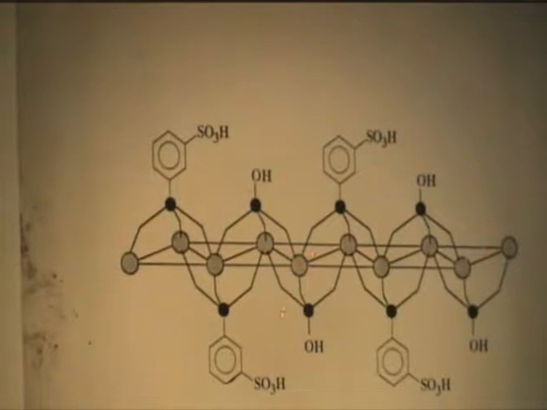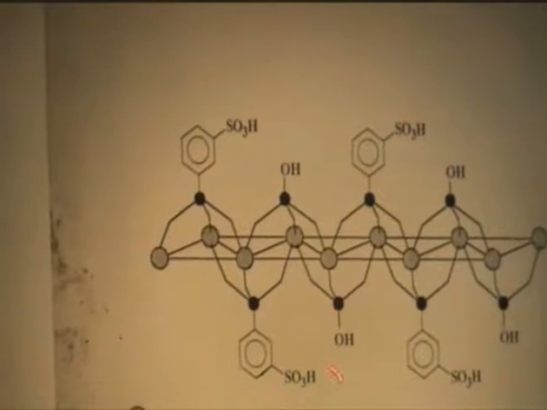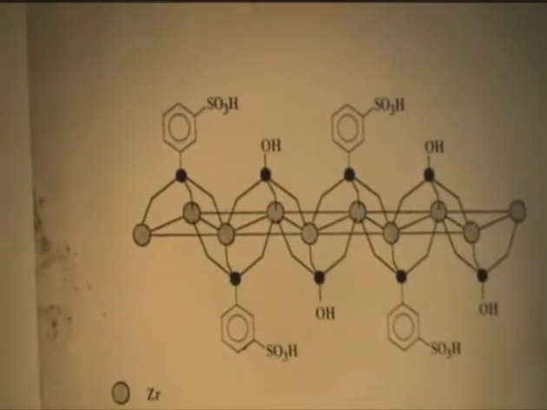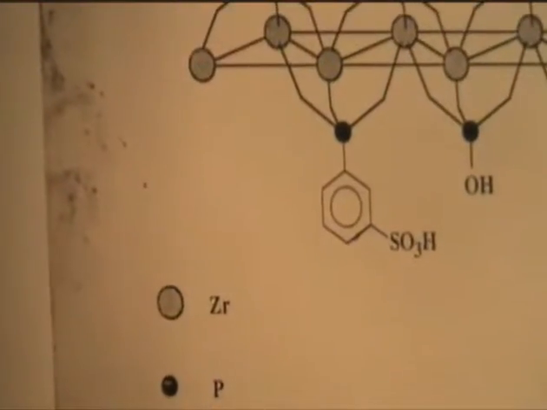So for example, if we can put a hydroxyl group, that is, we have a mixed phenyl phosphoric acid, phenyl phosphonic acid. However, if you don't do it right, you won't get that. You'll just get zirconium phosphate on this side, and you'll get that on that side. So there are a lot of tricks in how to synthesize these things. But let's say we've done that, and now we've got this sulfonic acid down here, and it turns out, as we'll see in a moment, that it's a very strong Bronsted acid.